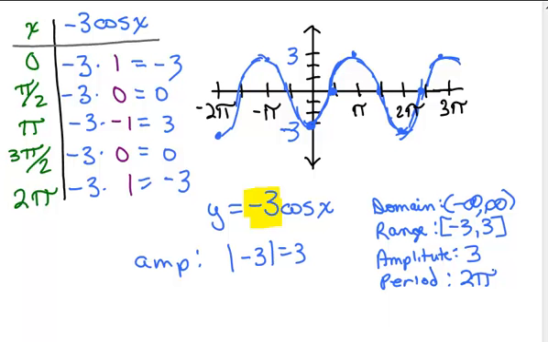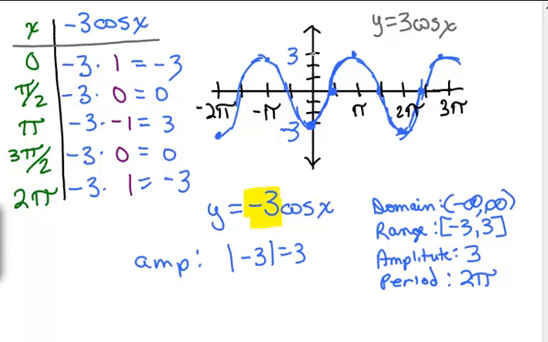Now if I were going to do positive 3 cosine of x, everything would have started up here at (0, 3), right? It would start going down first. This is sort of a mirror image. So if you want to see what y equals 3 cosine of x, I'll use gray.